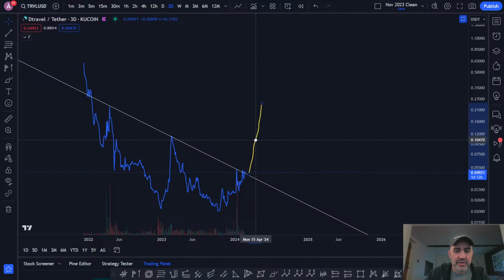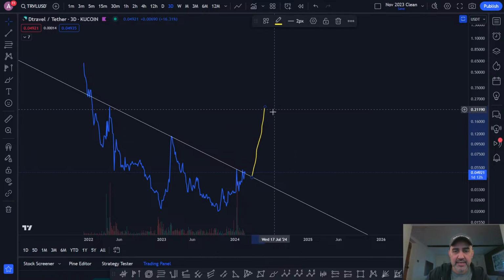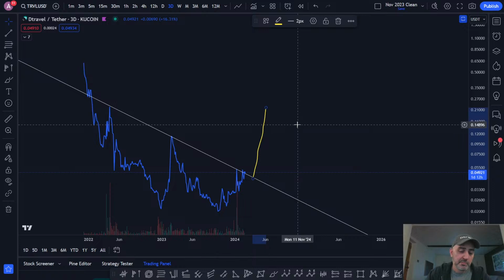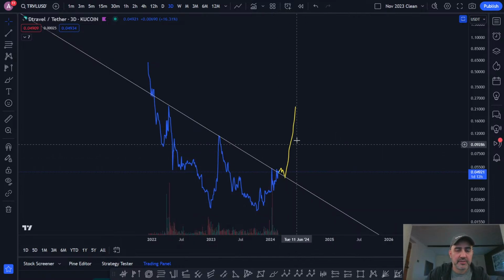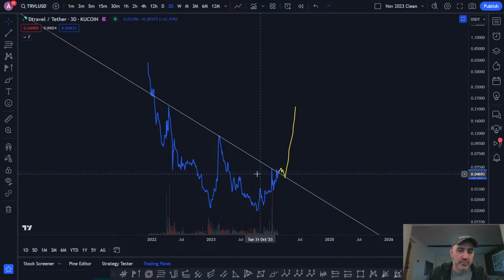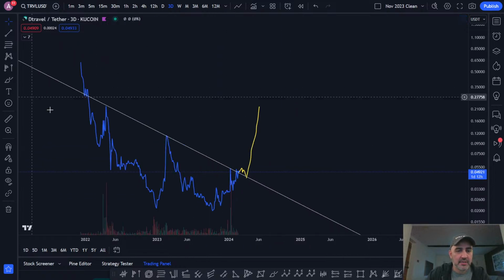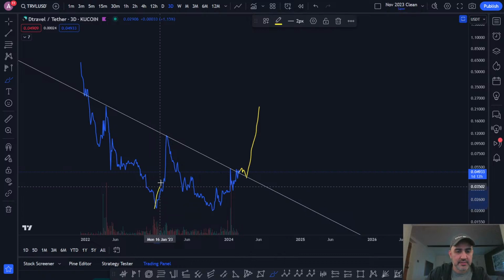And then maybe it back tests a bit lower, so you get a slightly lower target. That's kind of what I'm imagining, potentially. So whatever the extent of this is, I'm thinking it's kind of like this.